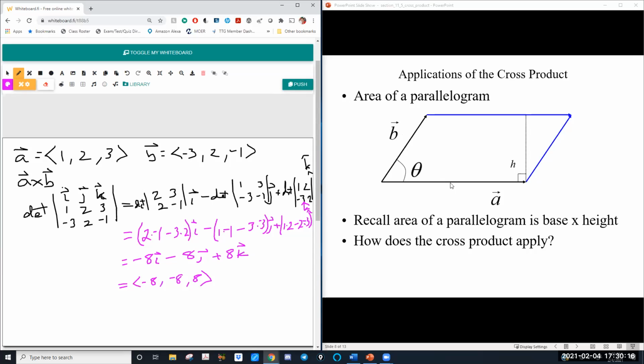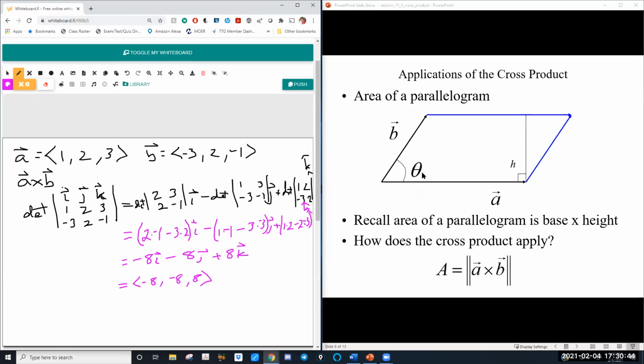geometric definition. So it turns out that the magnitude of the cross product between A and B gives us the area of the parallelogram formed by A and B as two of the sides. All right. So if you ever get asked, find the area of the parallelogram between two vectors, you just have to do the cross product and take the magnitude.